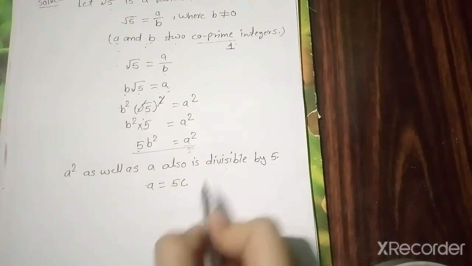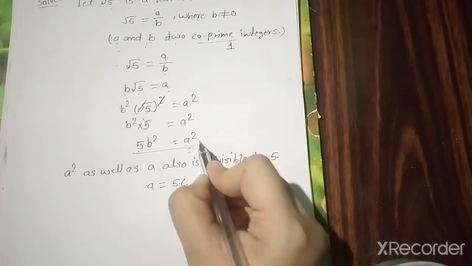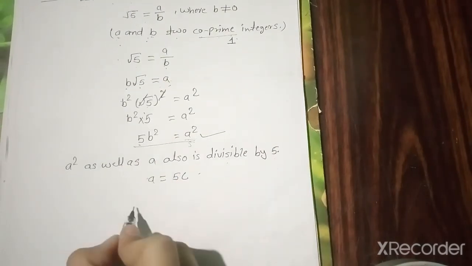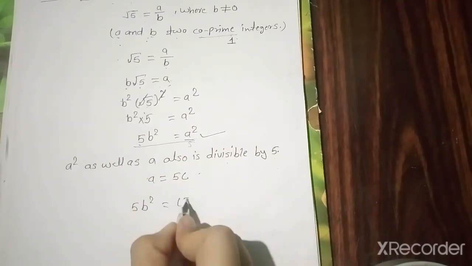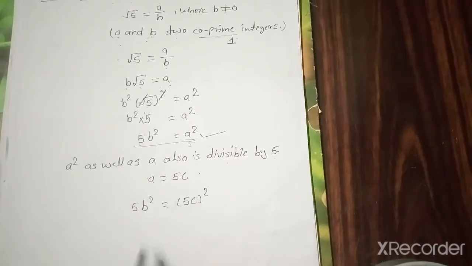So we will put this value in this place: 5b square, and a equals 5c, squared.